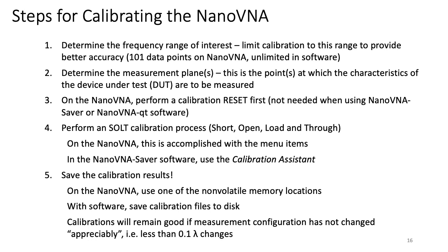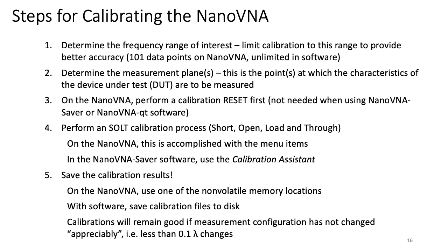So if I'm going to span from 0 to 1.5 gigahertz, for example, then each data point corresponds to 15 megahertz, and it's very easy to skip over a particular frequency range of interest, thinking that you've got a very nice SWR, but you never really made a measurement at that point. So the best thing to do is determine the frequency range of interest and limit your calibration to this range to provide better accuracy.